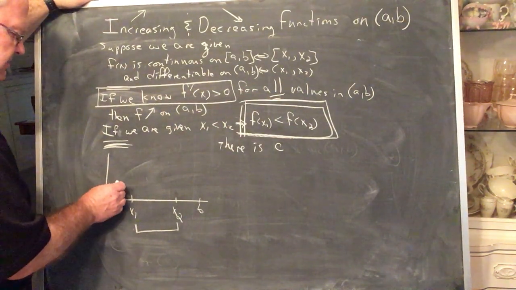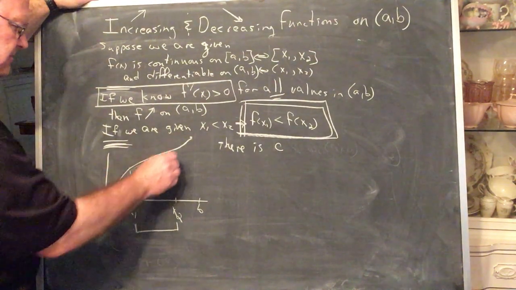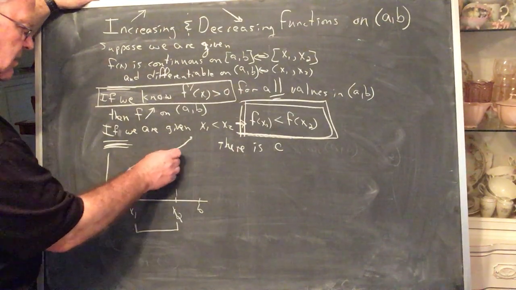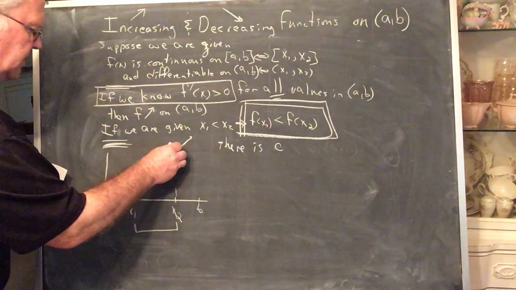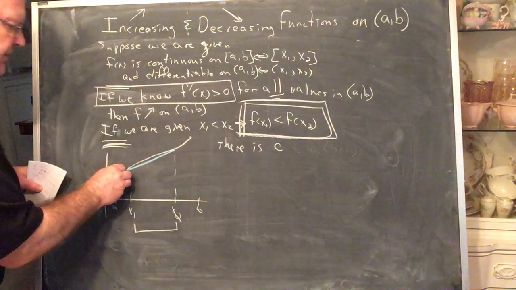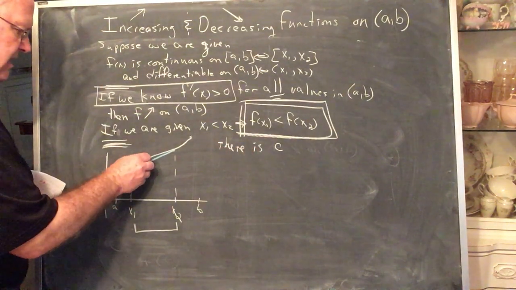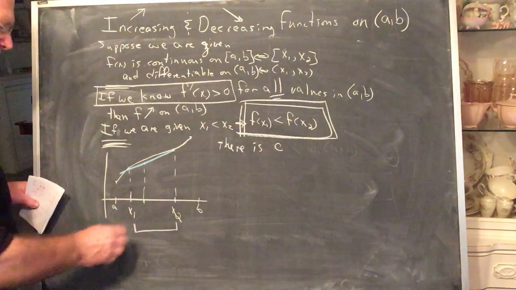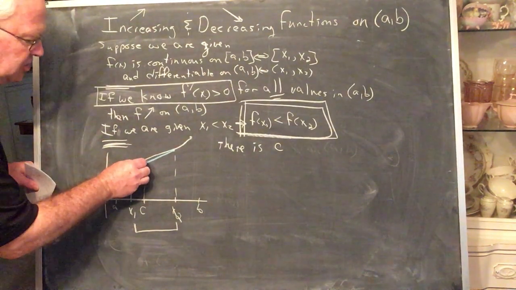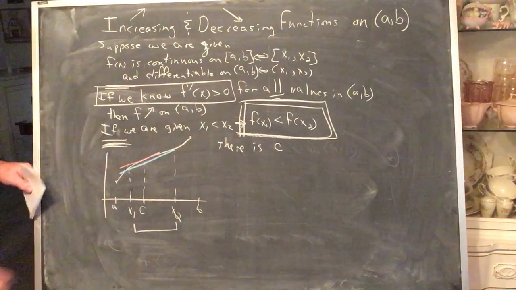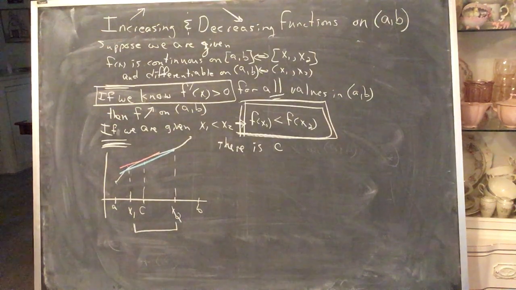Now let's suppose this is the graph of our function. So this is the slope of the secant line. There exists a c such that, do you remember what must be true? What must be true is the slope of the tangent at c must equal the slope of the secant between x1 and x2.